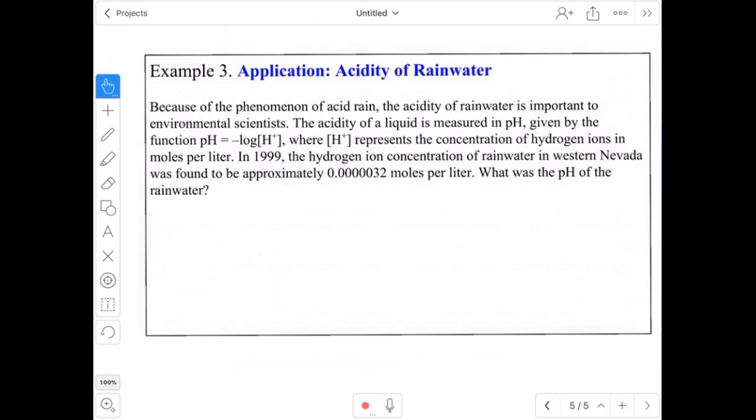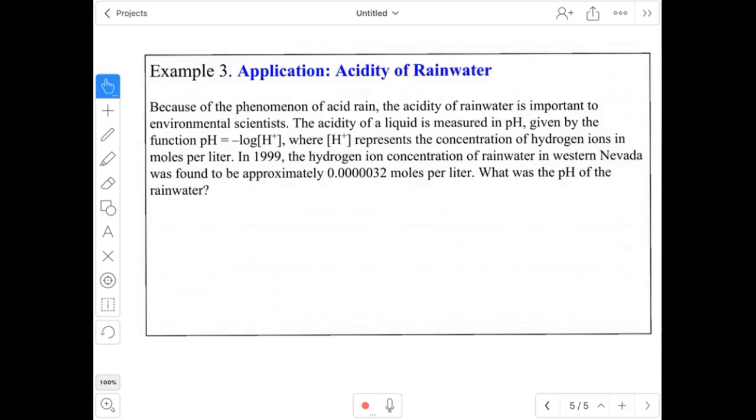The acidity of a liquid is measured in pH, given by the function pH is equal to negative log of H plus, the hydrogen ion concentration, in moles per liter.